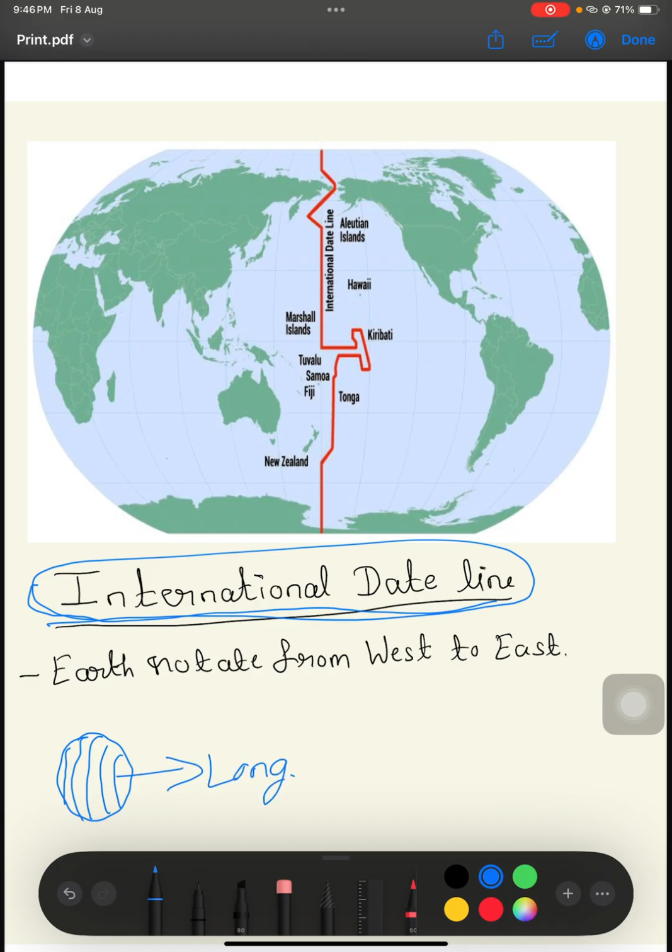Longitudinal lines. All longitudinal lines are straight on our earth, but only this line you are seeing, this line in the red mark, is a zigzag line. Why is only this line zigzag on earth? This line is called the international date line.